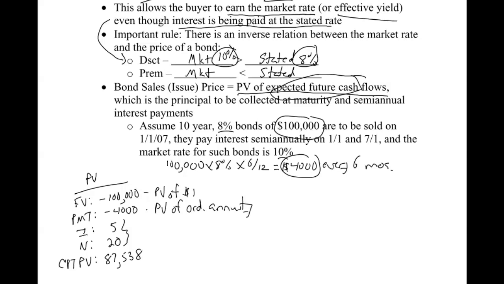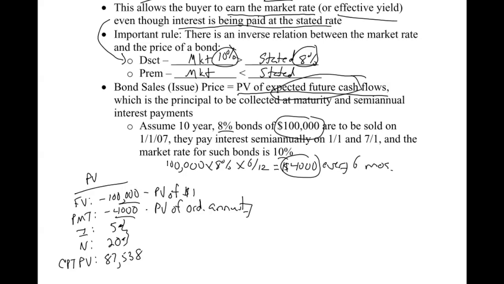So on each of those tables, you're going to have to go to the intersection of 5 and 20, the rate of 5 and the number of periods of 20, and take that factor and then multiply the present value of a dollar factor times the 100,000, the present value of an ordinary annuity times the 4,000, and then add those two together, and it will kick out 87,538. However, you can imagine the amount of time. There's a lot bigger margin for error when you're trying to deal with all that in one problem.